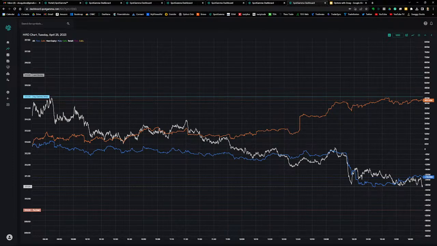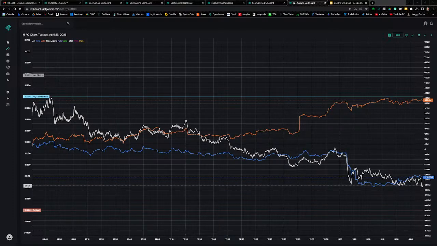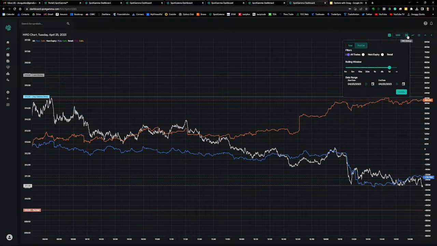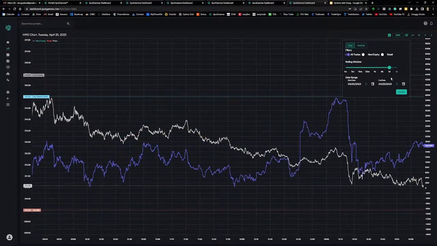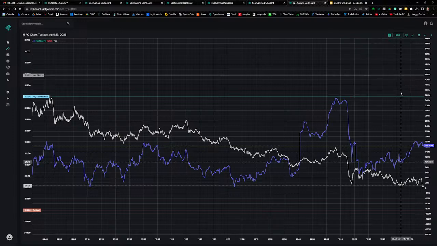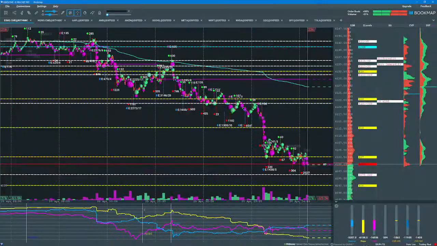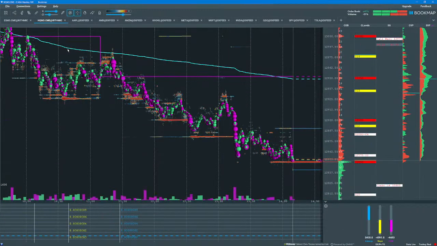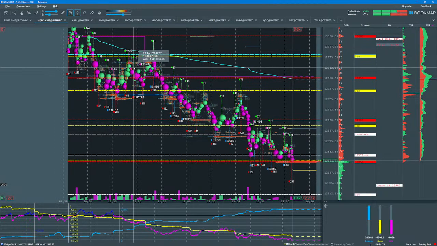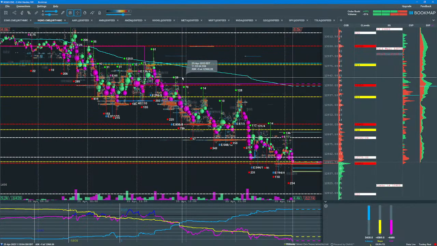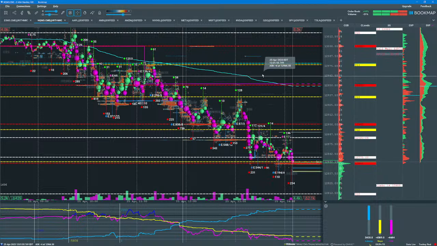And let's go take a look at the NASDAQ now. All right, let's take a look at NASDAQ. And in a strong downtrend.